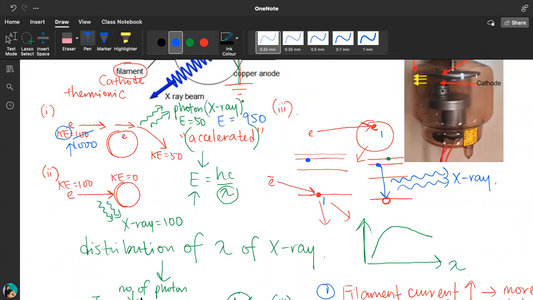And if it increases the energy of the photon produced, that means more of the photons have shorter wavelength, right? Because if this E is high, the wavelength is low. More of the X-ray photons produced tend to shift towards the shorter wavelength region.